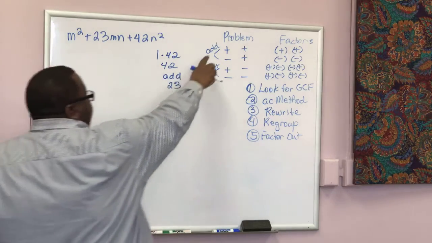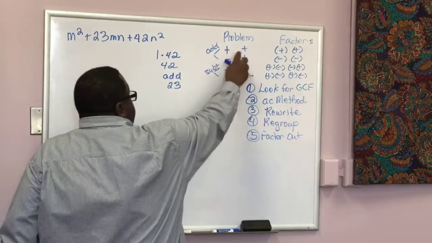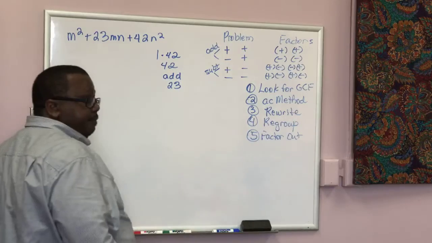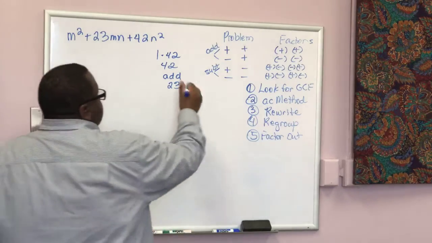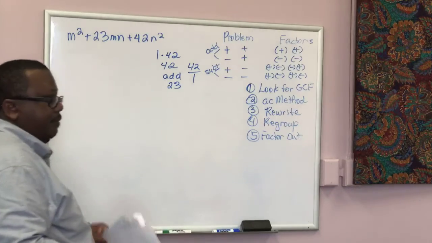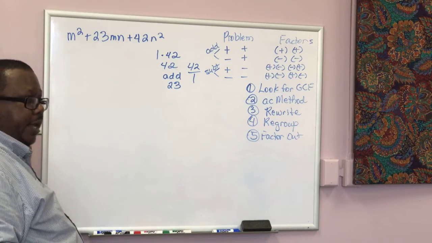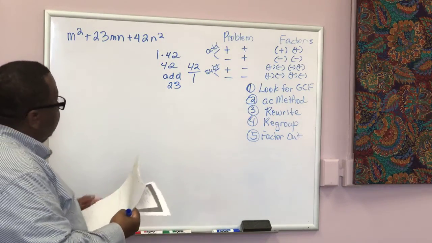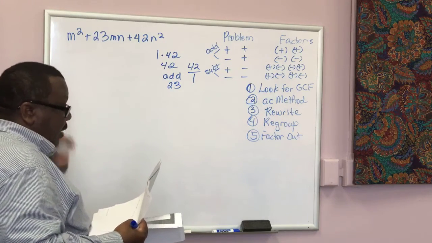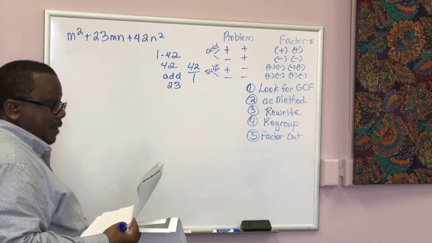And since we're adding, that means our signs have to be the same. Okay? So what are some factors of 42 you think would add to give us 23? 2 and what? 2 and 21. Now I think some of y'all are going to have trouble trying to find those factors.